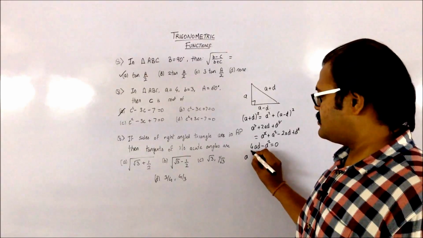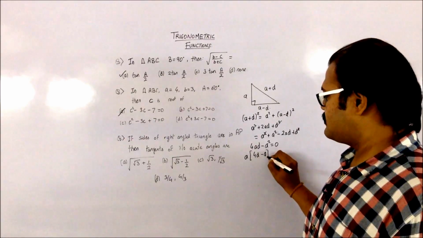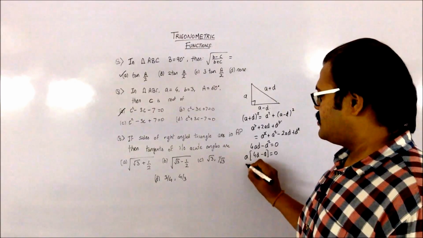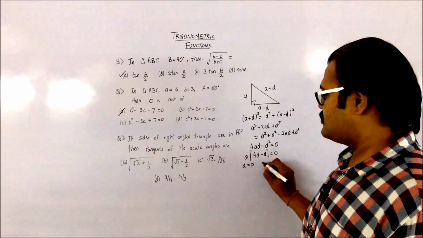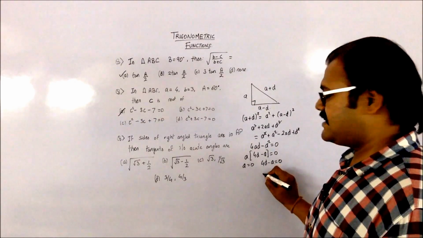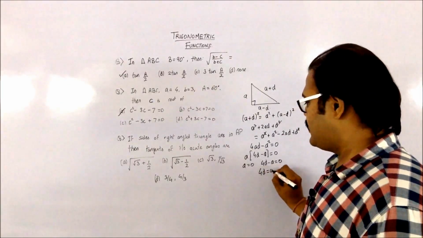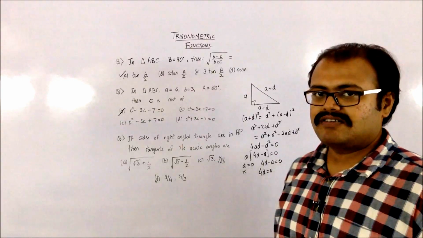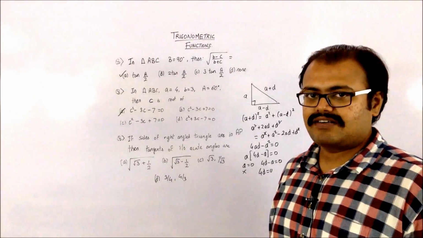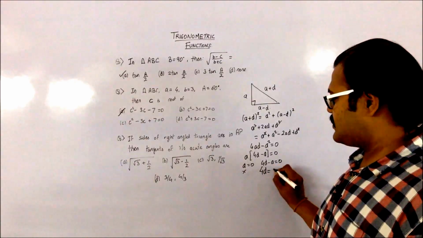So A common, I will be getting A times (4D minus A) is equal to 0. So either A is 0 or 4D minus A equals 0. So that gives me the form as 4D is equal to A. A cannot be equal to 0 because then that won't be a triangle at all. So I should take this particular option, which is 4D equals A.